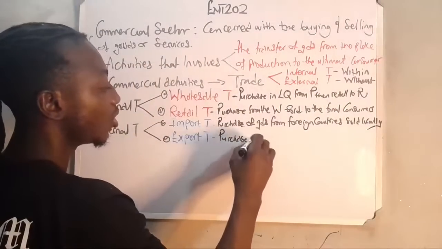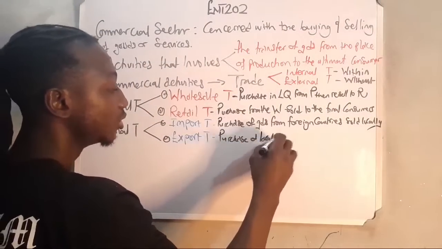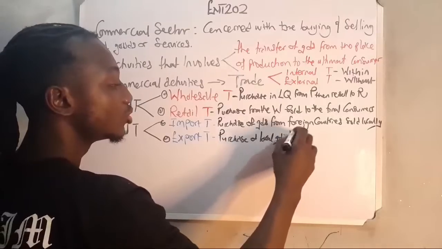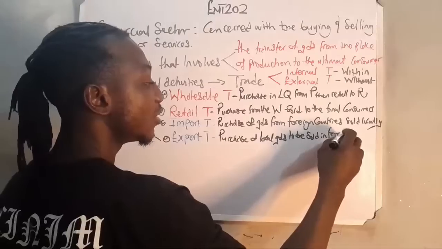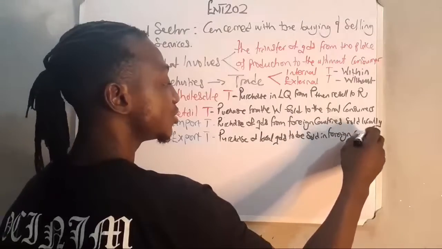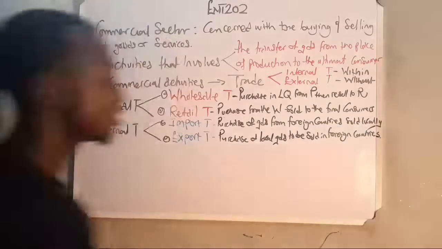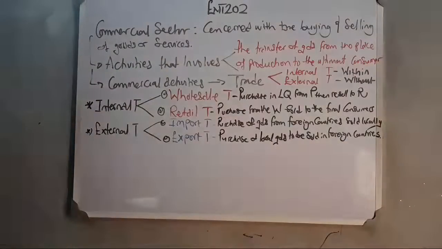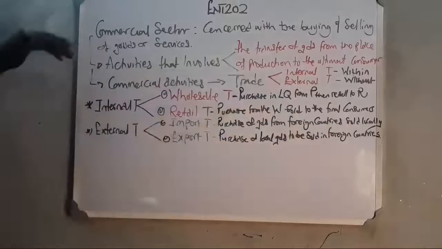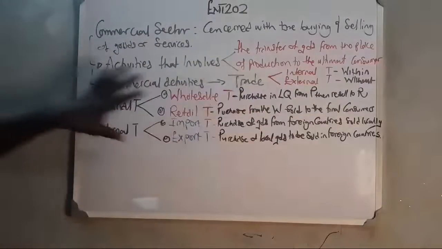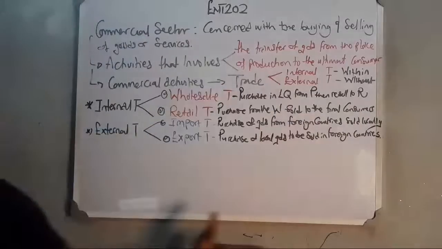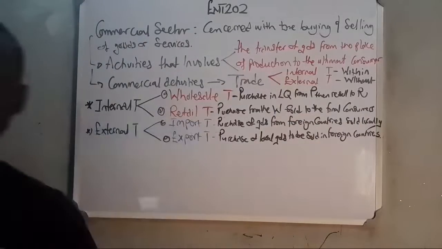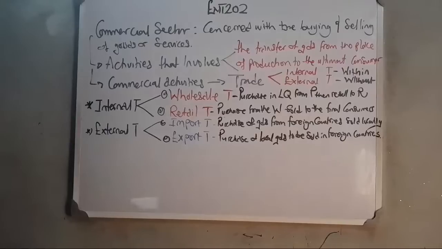So you see how it works from the commercial sector, breaking it down to activities: trade, breaking it down to the internal wholesale and retail, to the external imports and exports. So that's how it works.